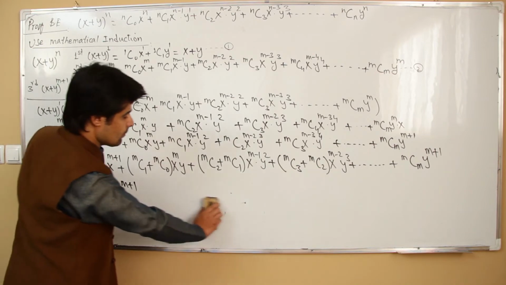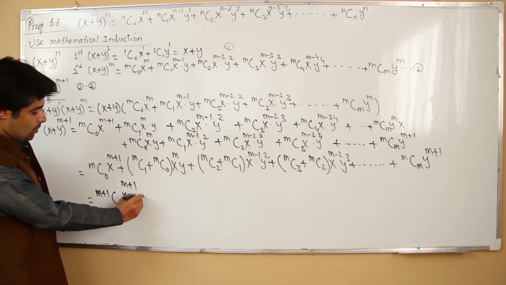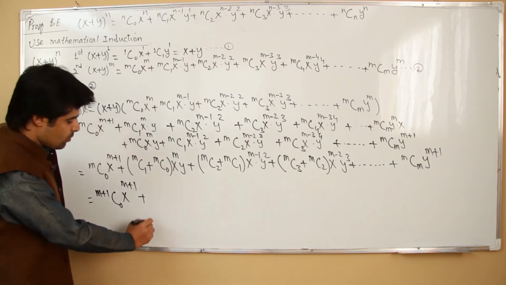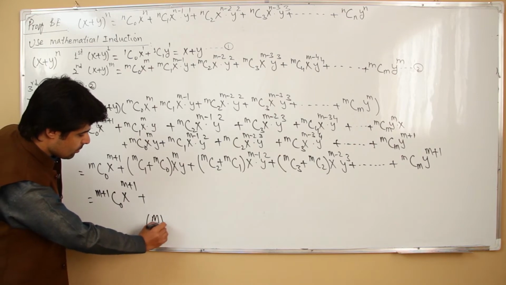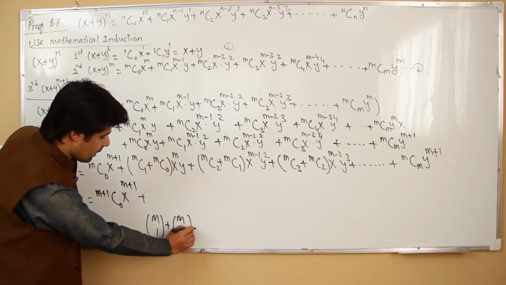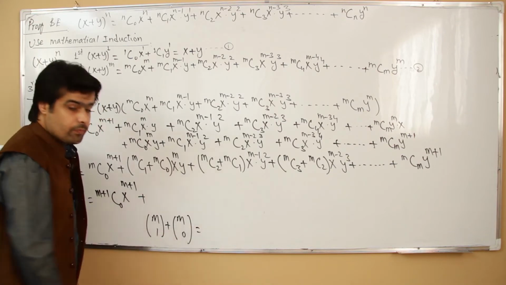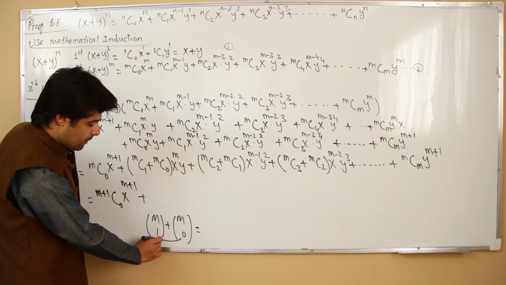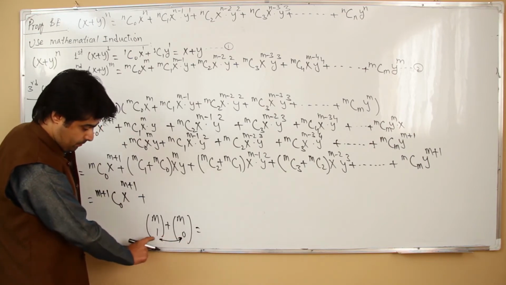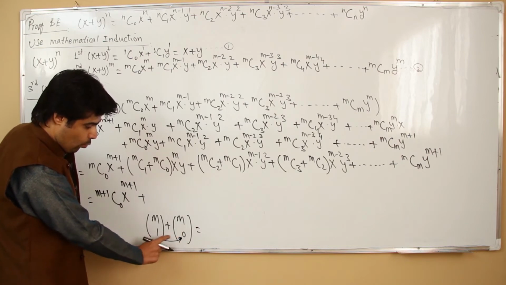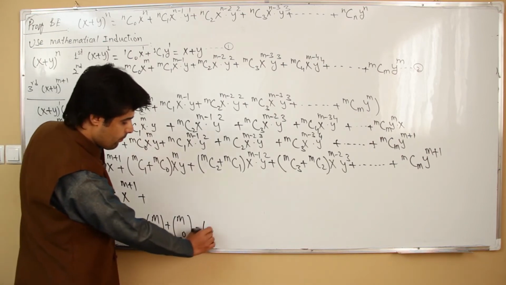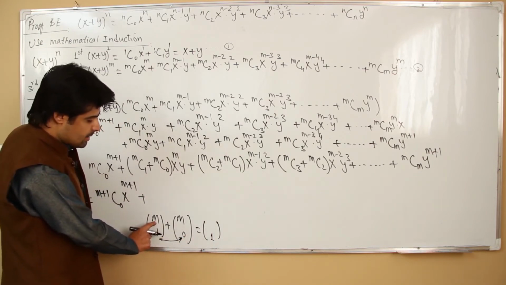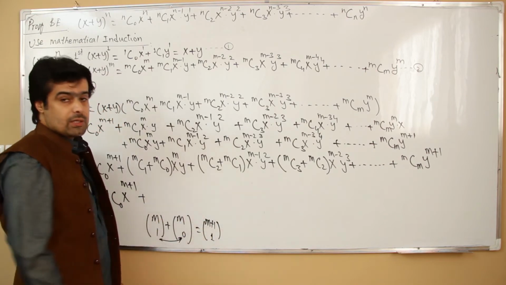Second, in here, look, can we add these two? Yes. What does it mean? It means that we have m by 0 plus m by 1. Now, what is the combination of this one? If we have in our term a difference of one, then pick the biggest one, which is 1, and add this m number by one, m plus 1.